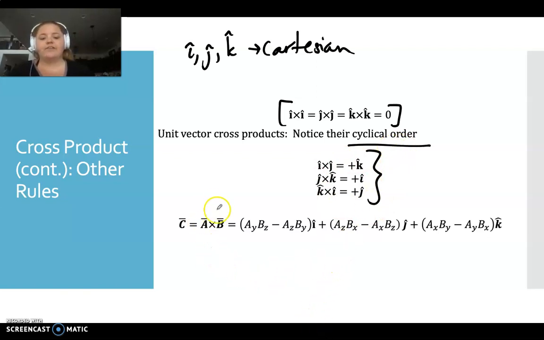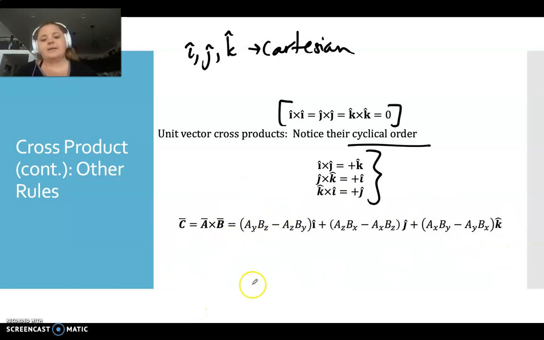I also have here the full write-out of what taking a cross product will give you. If we take A cross B, we'll get A sub y times B sub z minus A sub z times B sub y, and this will be multiplied by our i hat, our x component, and so that cycles through throughout.